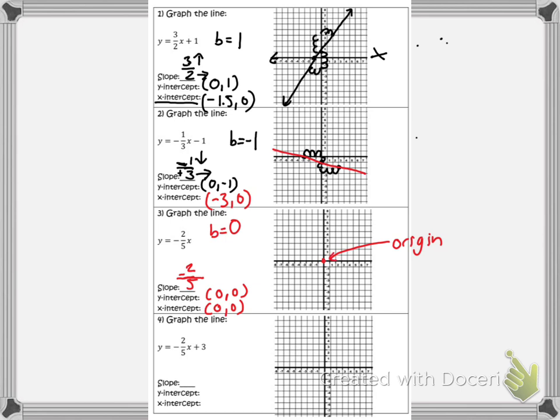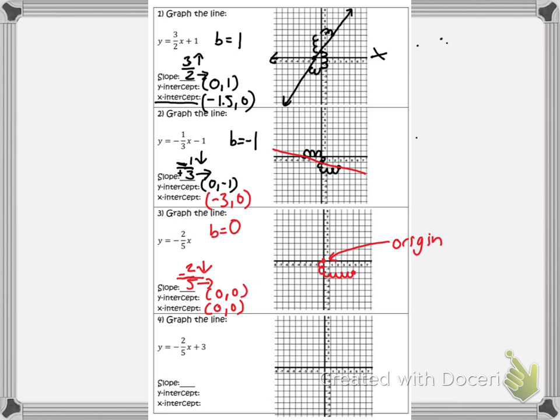So with a slope of negative 2 over 5, which way should I go first? That is correct. Down 2 first, and then 5 to the right. So from 0, 0, I go down 2, 1, 2, then I'm going 5 to the right. 1, 2, 3, 4, 5. Next dot is there.